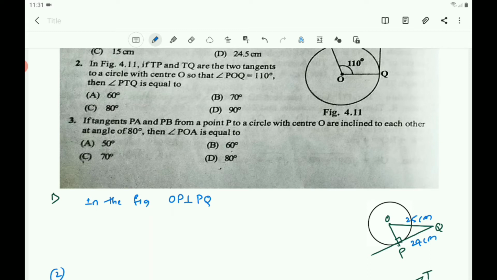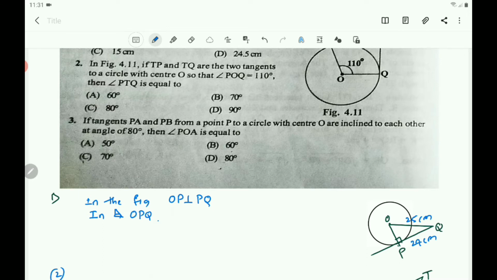Then you apply the Pythagoras theorem to the right angle triangle OPQ. Which is the hypotenuse here? As P is a right angle, OQ is the side opposite to the right angle, so it is the hypotenuse.